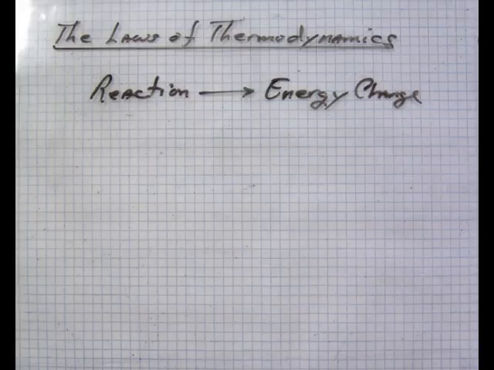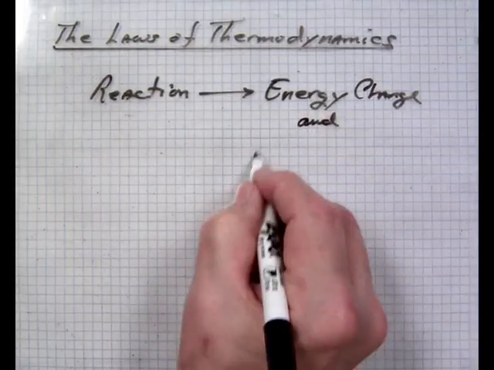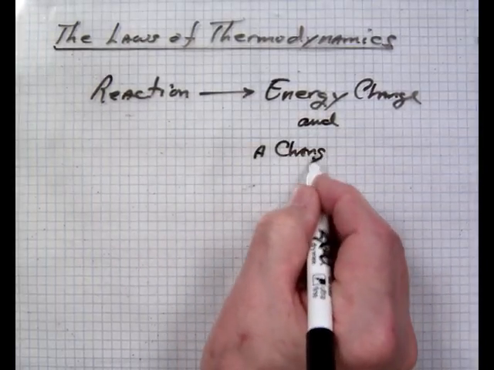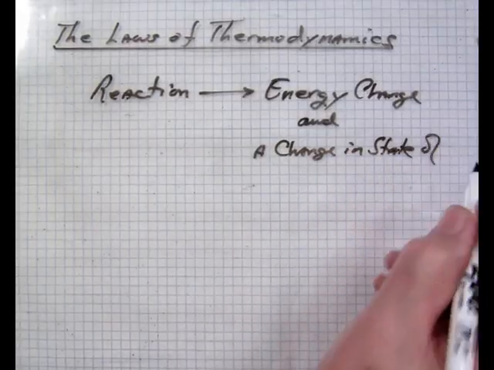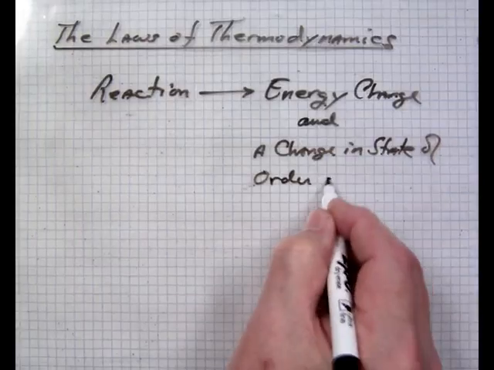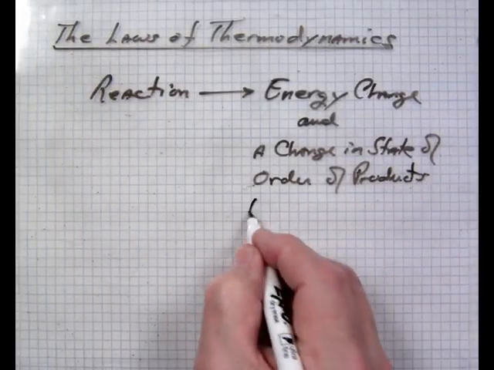But also, a chemical reaction will give us a change in the state of order of the products generated, a change in state of order of products relative to reactants.